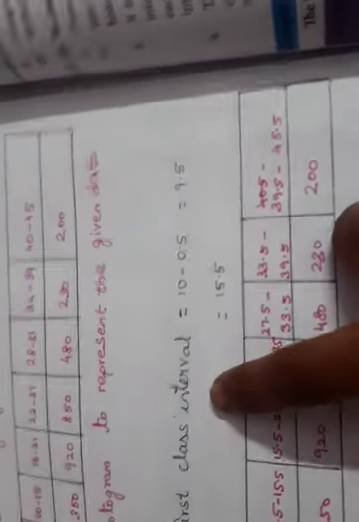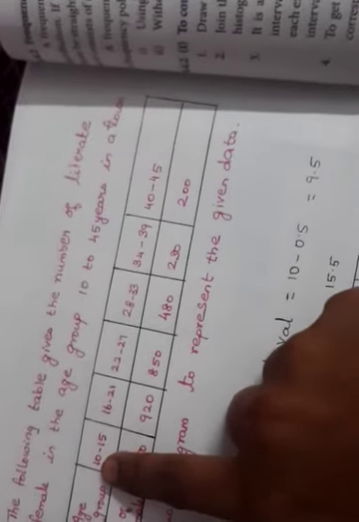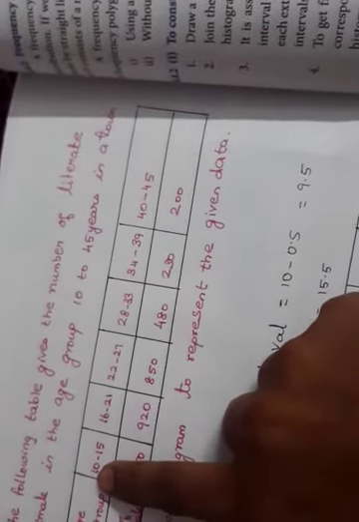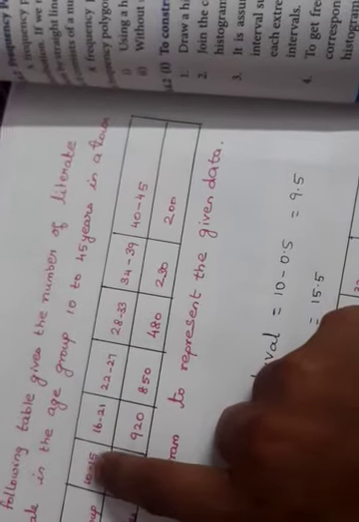So for each interval, the lower limit has 0.5 subtracted, then the upper limit has 0.5 added. The first interval has minus 0.5, then the other limit has plus 0.5. So each lower limit is subtracted by 0.5, and the upper limit is added by 0.5.